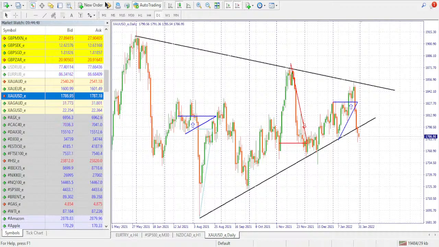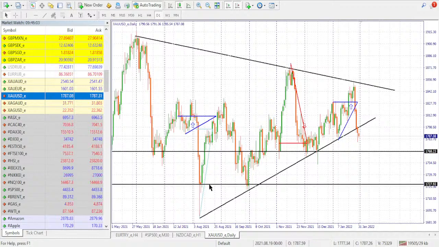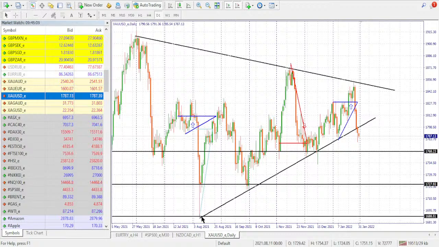So as it is now, we're interested in looking for sell positions. We are expecting sellers to push price much lower, at least up to 1766.22. The next target, this one, 1727.93.